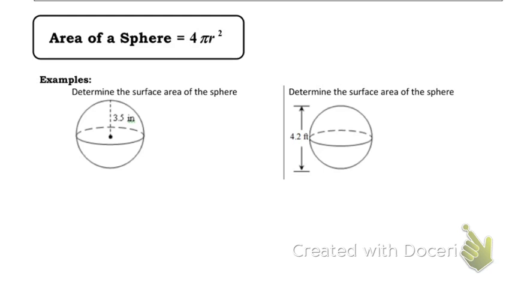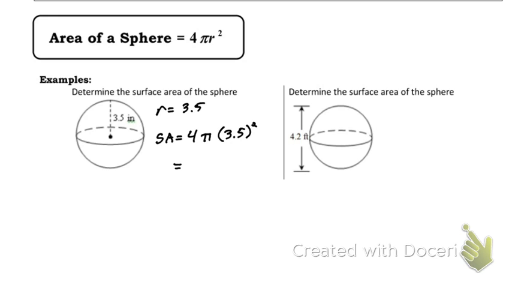So the first one is, well, our radius equals 3.5. So that means my surface area is going to equal 4 times pi times my radius, which is 3.5, squared. That should come out to a nice even 49? Yeah.